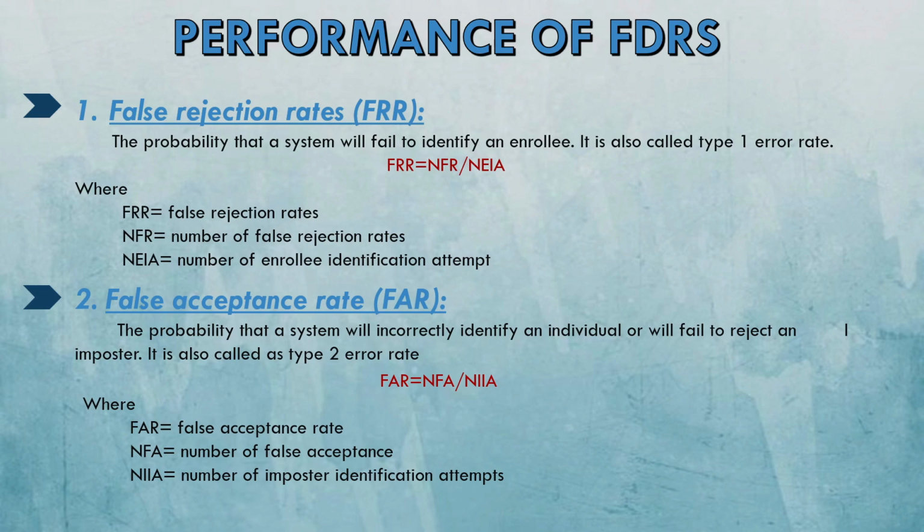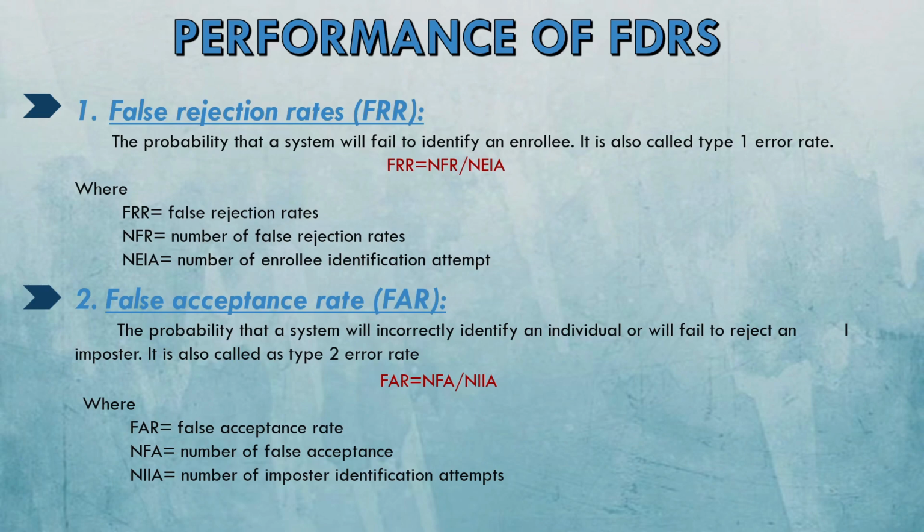Okay, let me give you an example in real time. Basically, every college nowadays has an FRS, a facial recognition system for attendance. In that attendance, sometimes an enrolled person's data has been uploaded to the app, but while recognizing the face, the app says that this person's face is not recognized. That scenario is the first one, false rejection.